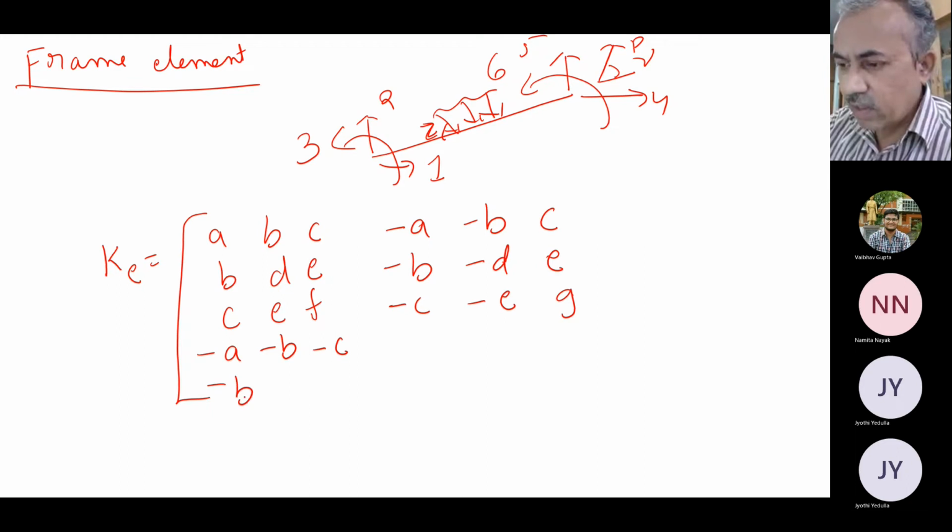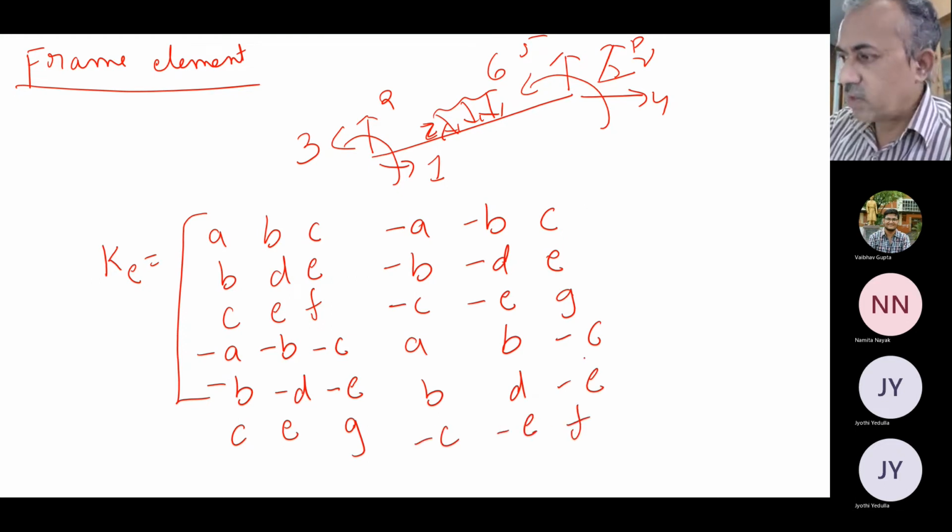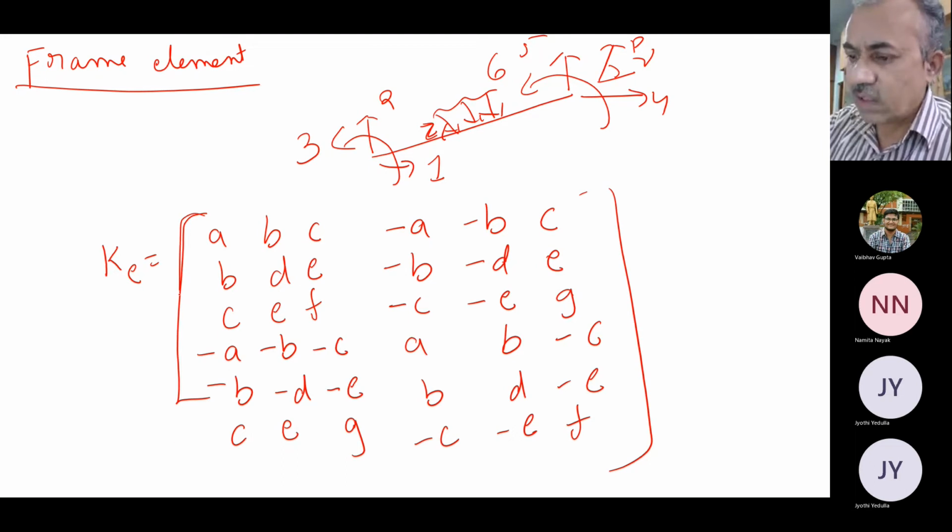Minus B, minus D, minus E, C, E, G. Then A, B, minus C. Then we have B, D, minus E. Then we have minus C, minus E, F actually. So this is our 6 by 6 stiffness matrix.